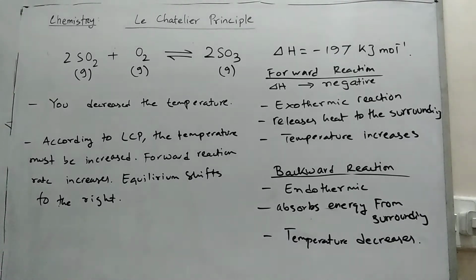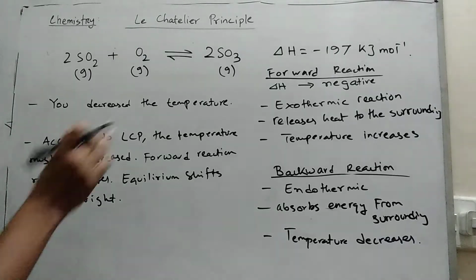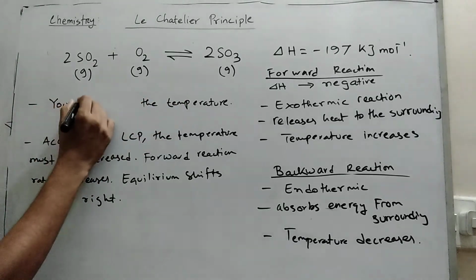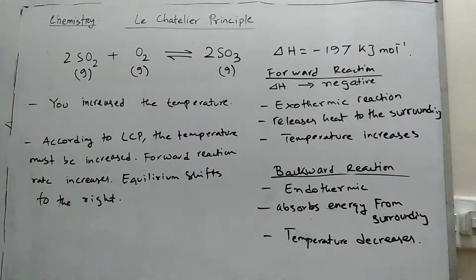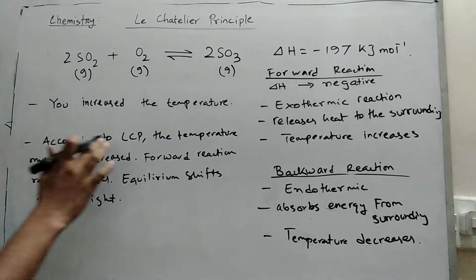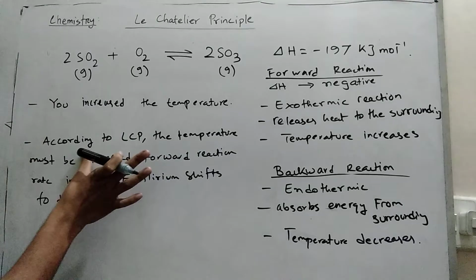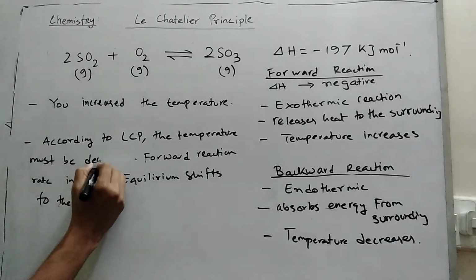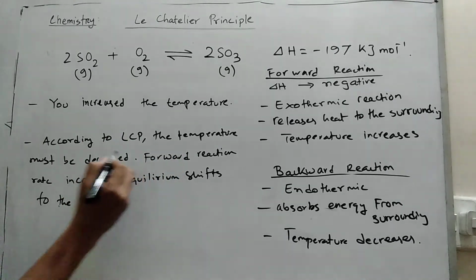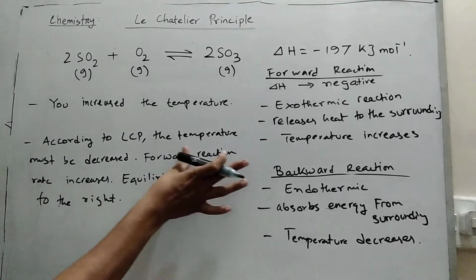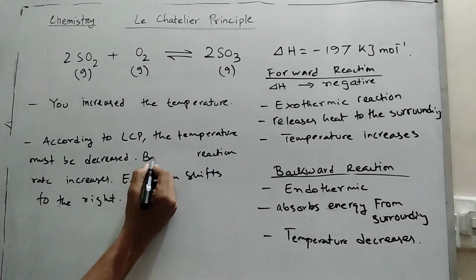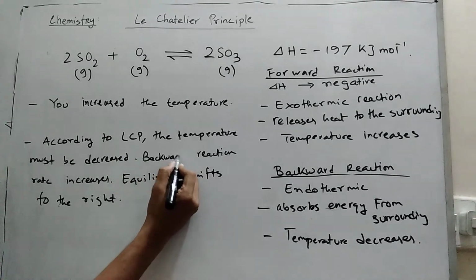What is going to happen if you bring a different change? Let's say you increased the temperature. For this reaction, you increase the temperature. Then according to the principle, the temperature must be decreased. In order to do that, the forward reaction rate should not increase, but the backward reaction rate must increase.